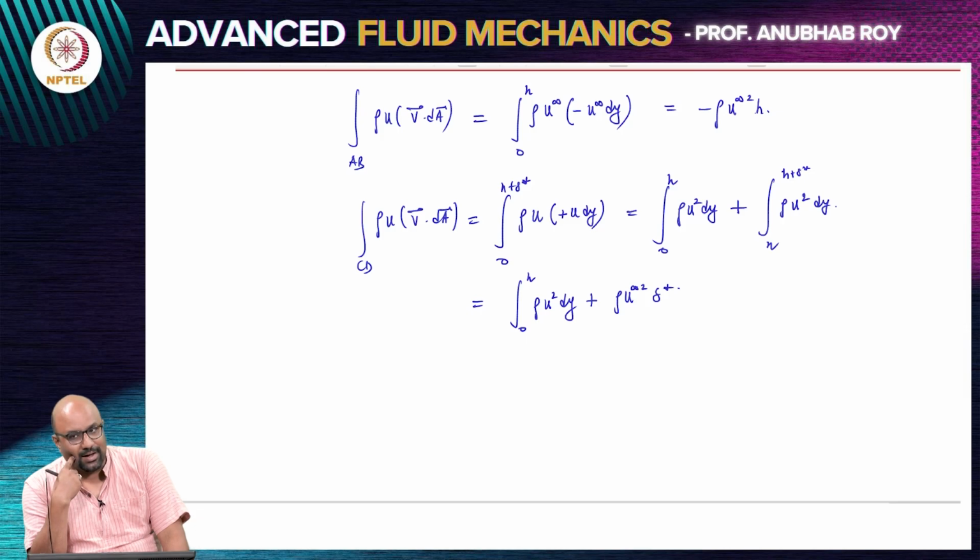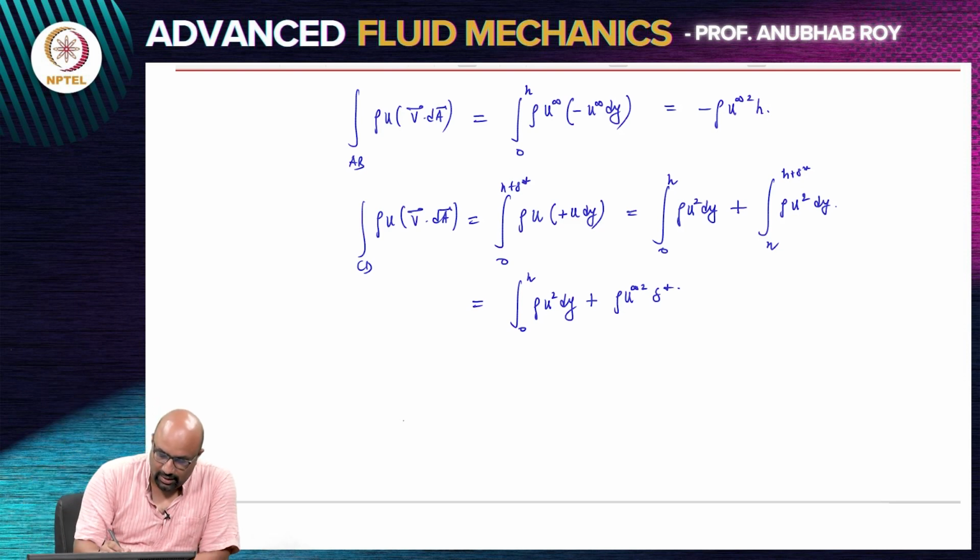So, I have an influx of momentum, I have an efflux of momentum, and now the question is, what is the difference between the two? How much are the two actually differing? Because if I were to add the two, if they give me 0, that means there are no other surface forces in the problem. So, I will look at the sum of these two quantities.